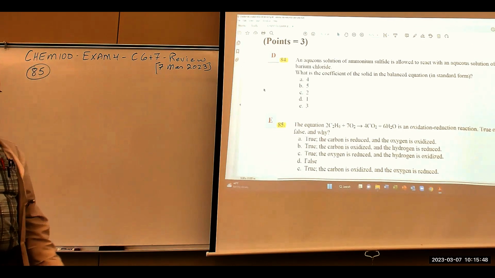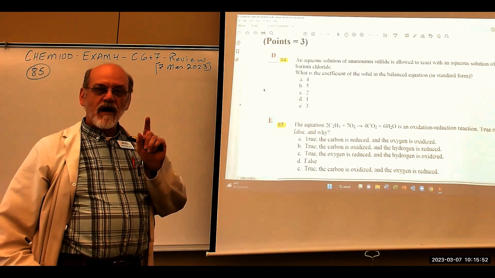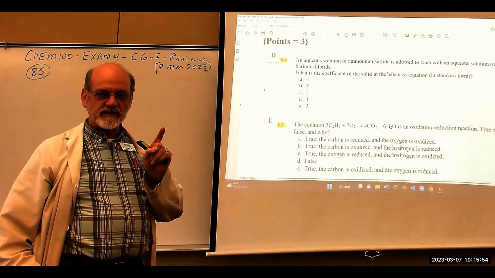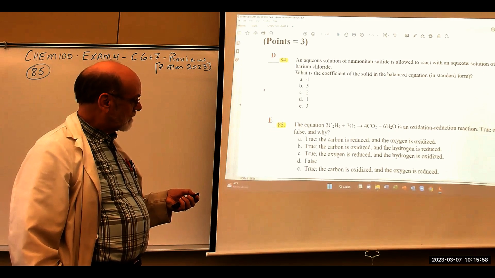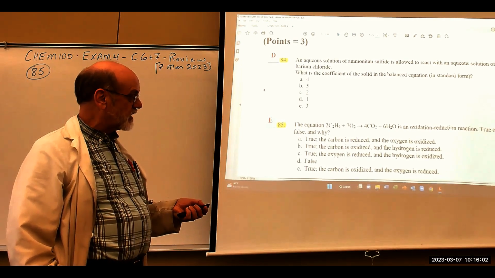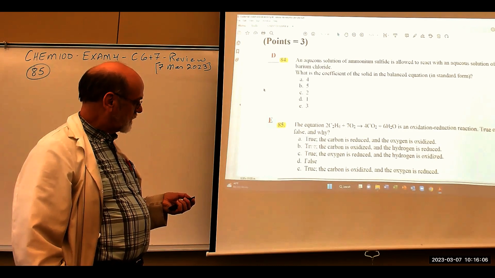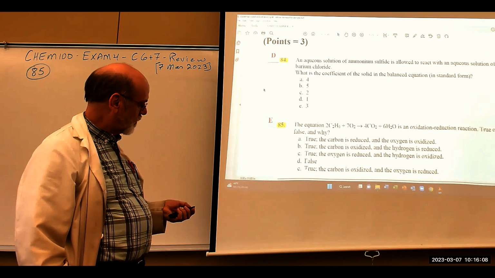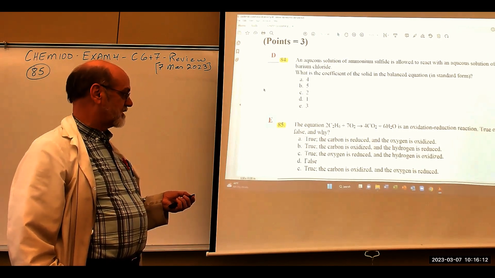Is it an oxidation reduction reaction? Yes. All combustion reactions are redox reactions. Look here, there's your clue. That's a combustion reaction, and this is an oxidation reduction reaction. It's true, so it's either this one, this one, this one, or this one. It can't be D.